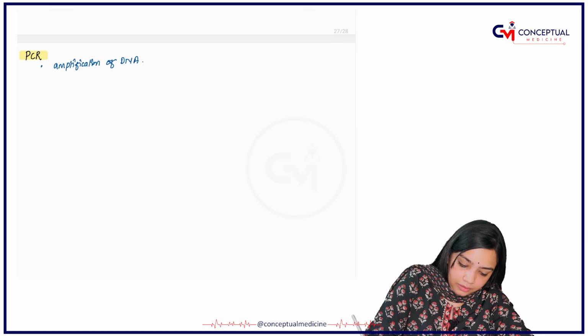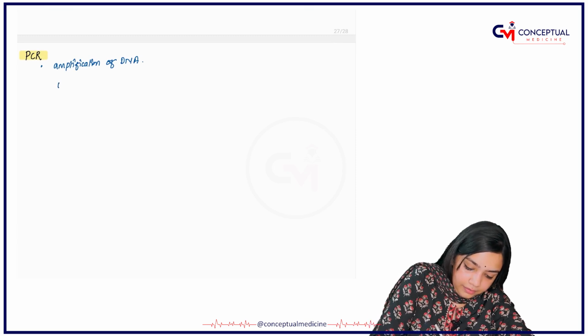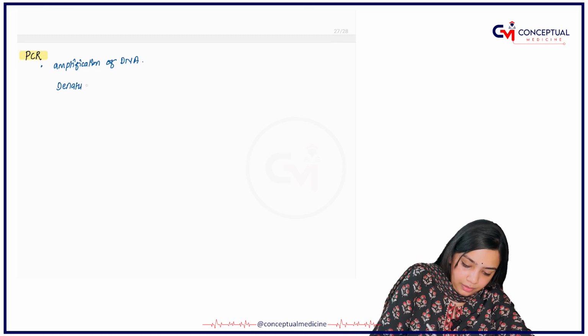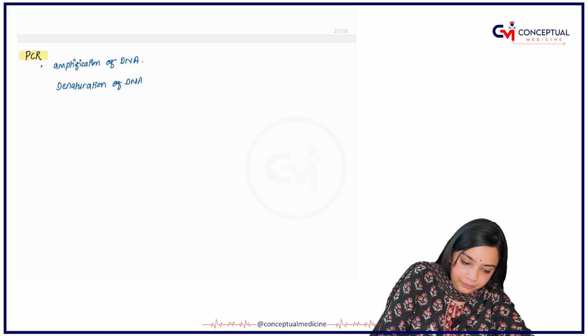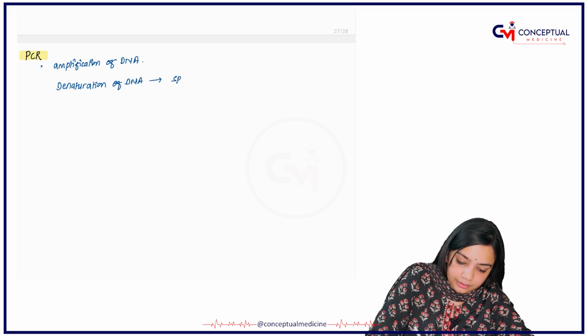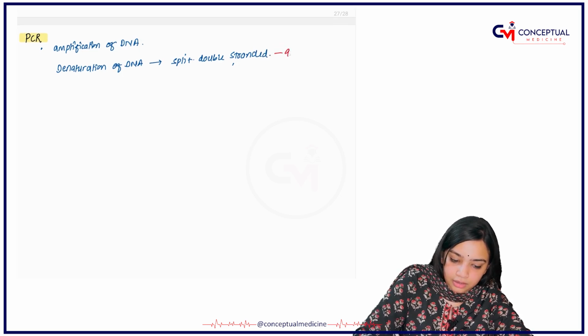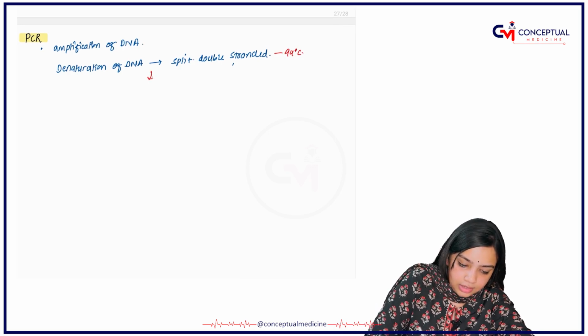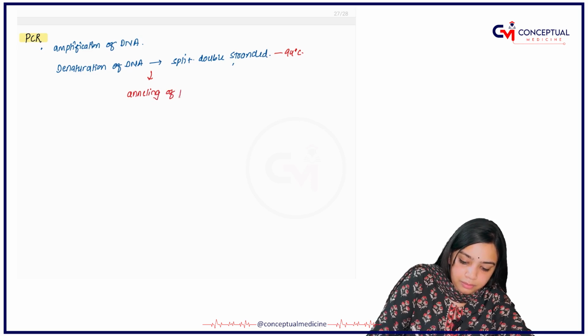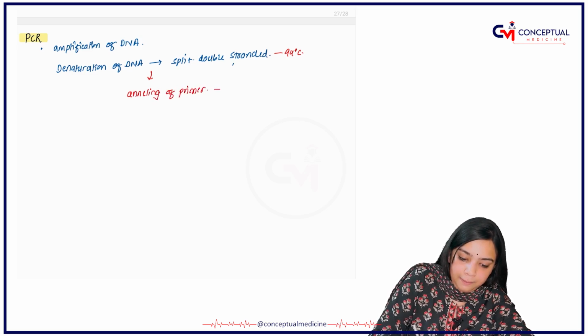The steps that are involved: first thing that you have is the denaturation of DNA, meaning split the double stranded DNA at 94 degrees Celsius. Second step that you have is the annealing of primer. This happens at 54 degrees Celsius.